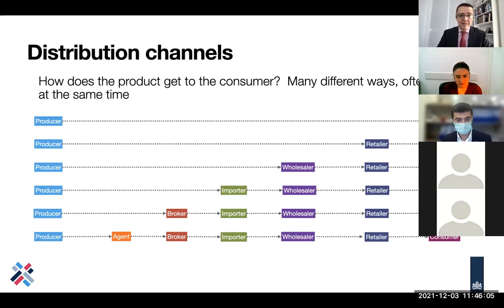And your container sits on the port for 2 weeks. What happens to your tomatoes? What happens to your cash flow? Tough. That's why nobody wants to take such huge risks with large volumes when it's highly perishable.